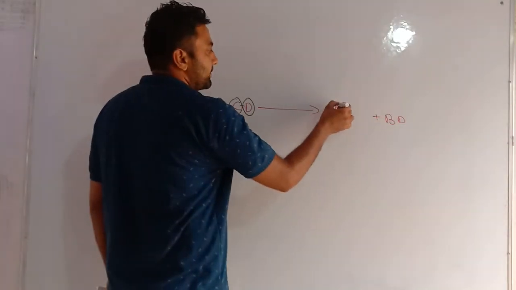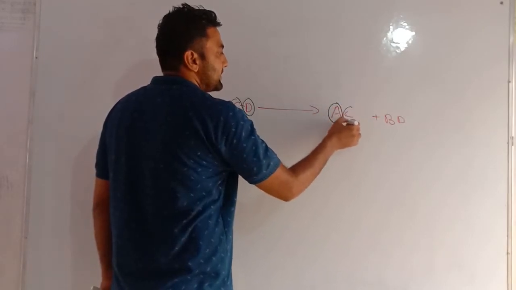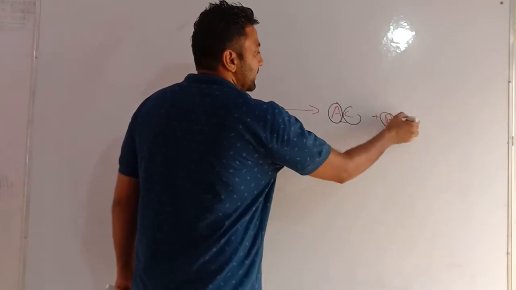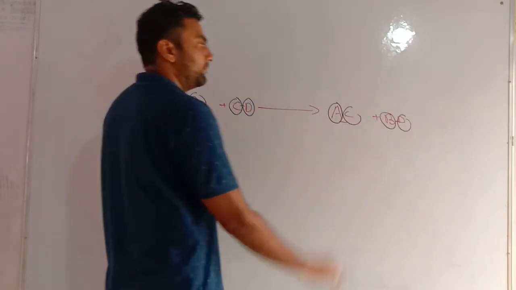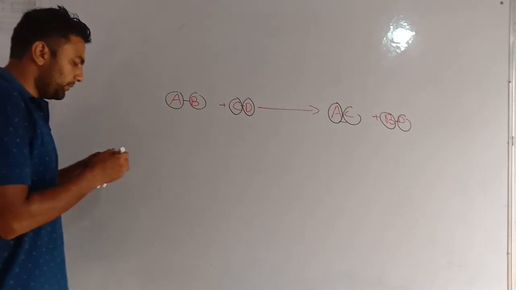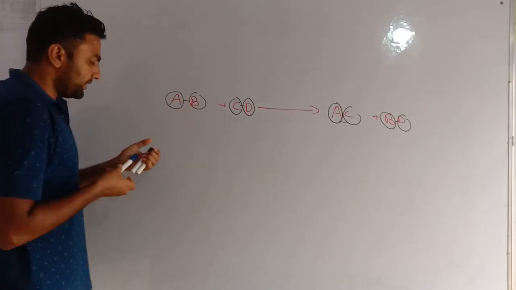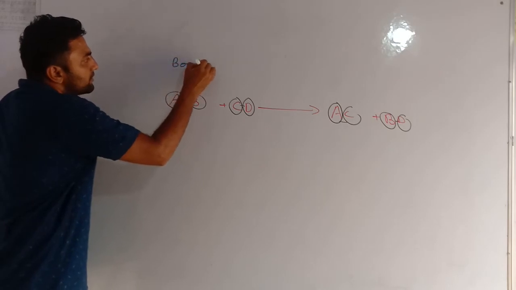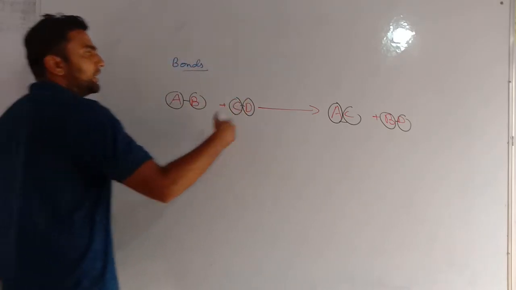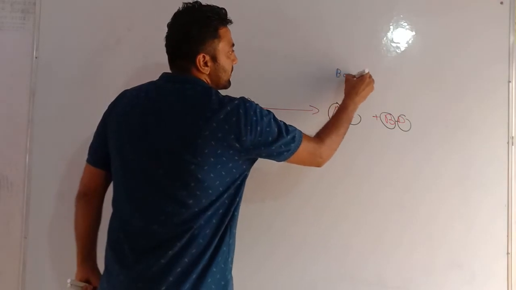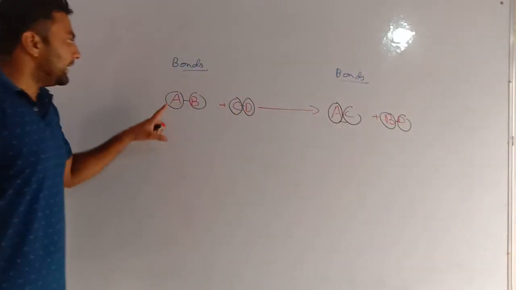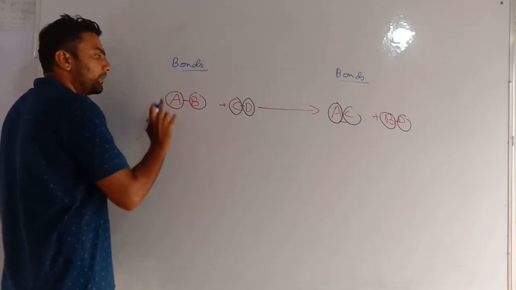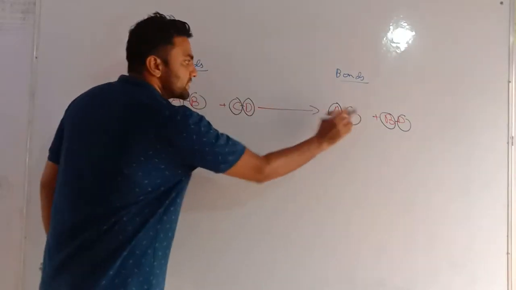After the chemical reaction has taken place, element A and C are combined and now they have a bond between them, and elements B and D have combined and they have a bond between them. What has happened is that there were bonds before the reaction, and there are also bonds after the reaction. The previous bonds are broken and new bonds are formed.